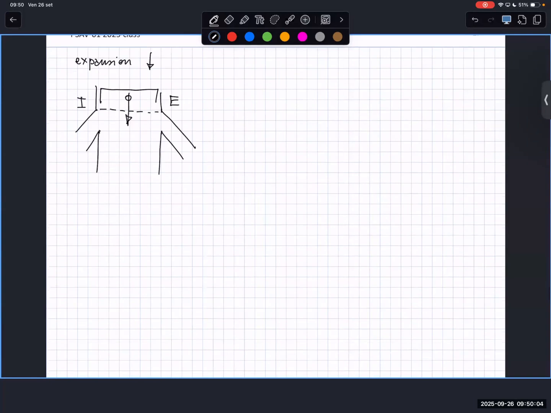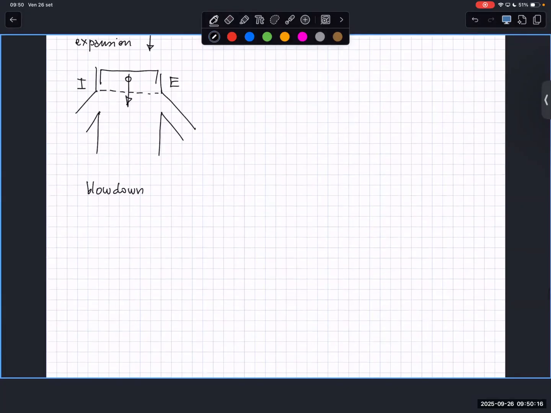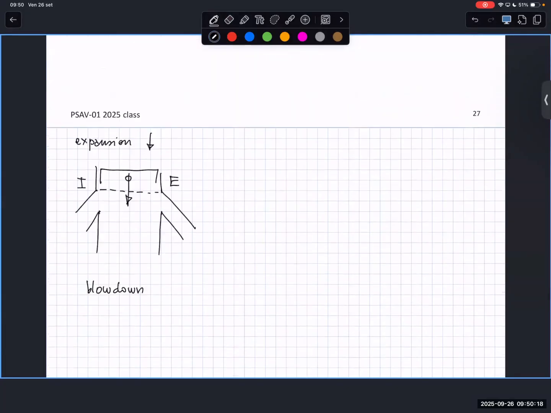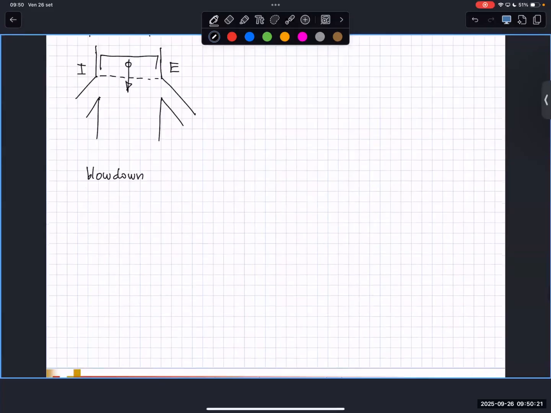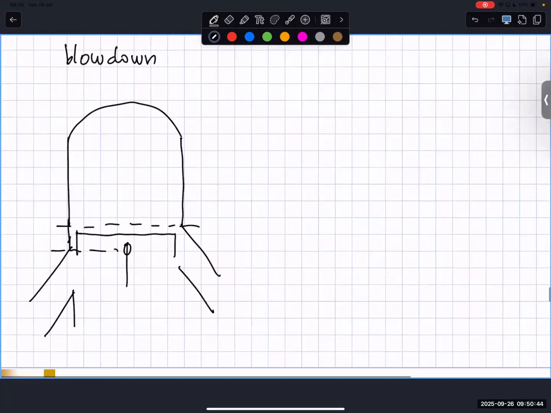So when we have expansion and after blowdown, let's write already blowdown. What we would like to have is that I can also draw this part. I would like to have the exhaust port taller than the intake. So when the piston is in this position, the piston is going down.